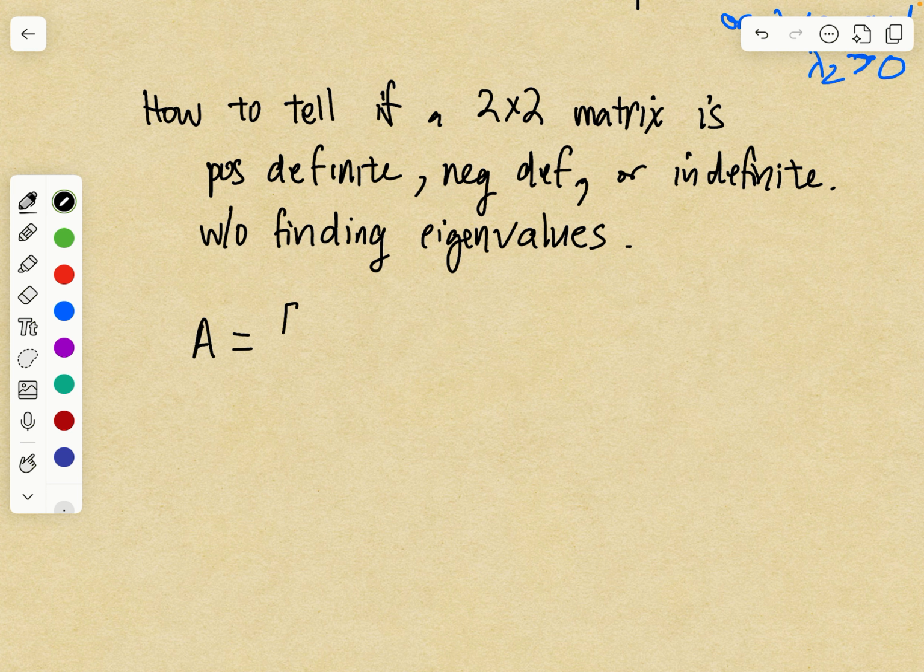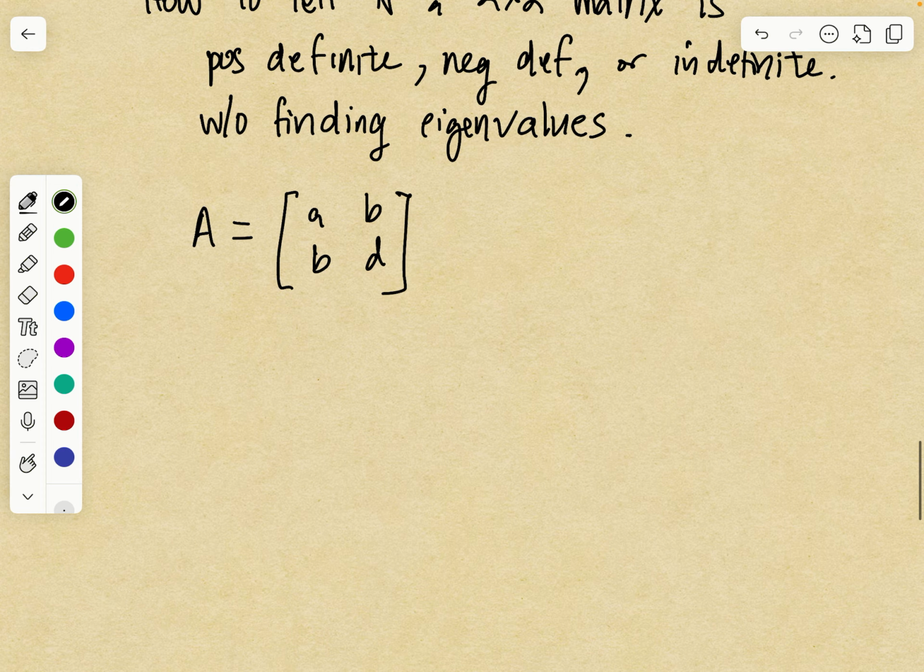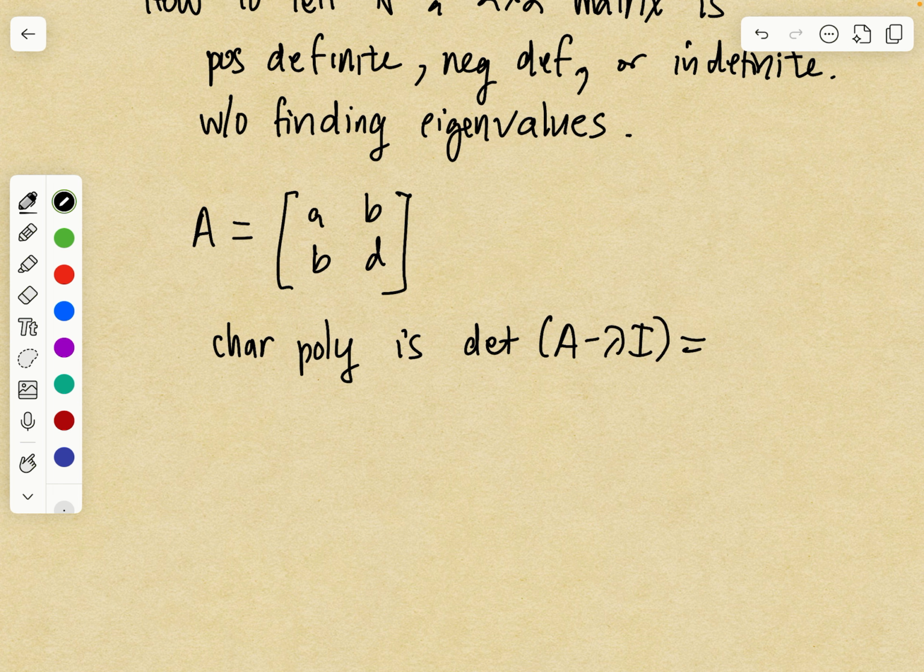Our symmetric matrix is going to have the form A, B, B, D, right? And let's say that lambda 1 and lambda 2 are the eigenvalues of A. Well, the characteristic polynomial is the determinant of A minus lambda I, and lambda 1 and lambda 2 are the roots, so you can factor this as lambda minus lambda 1 times lambda minus lambda 2.